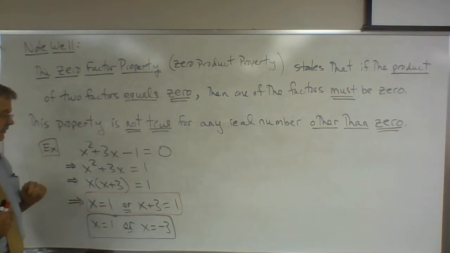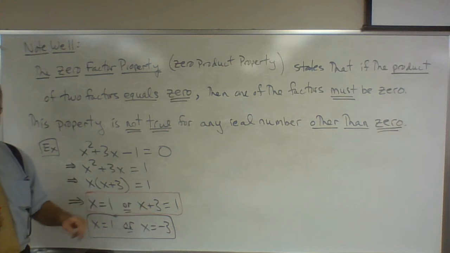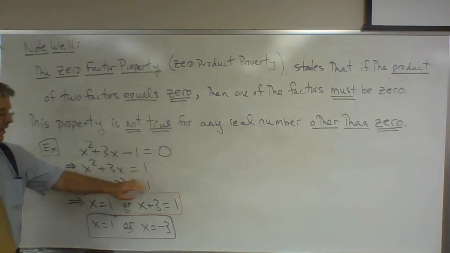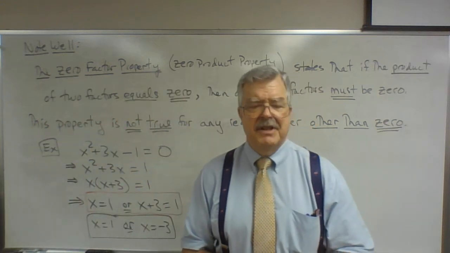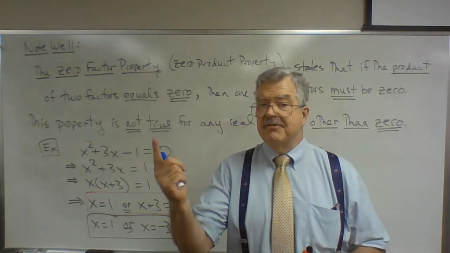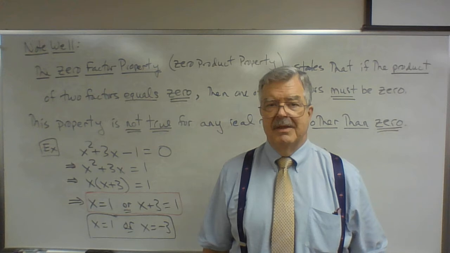We cannot assume that either the first factor equals 1 or the second factor equals 1. The only time we can employ that kind of reasoning is if we have the product of two factors that equals 0. If we have the product of two factors that equals 0, then yes, we can say either the first factor is 0 or the second factor is 0.